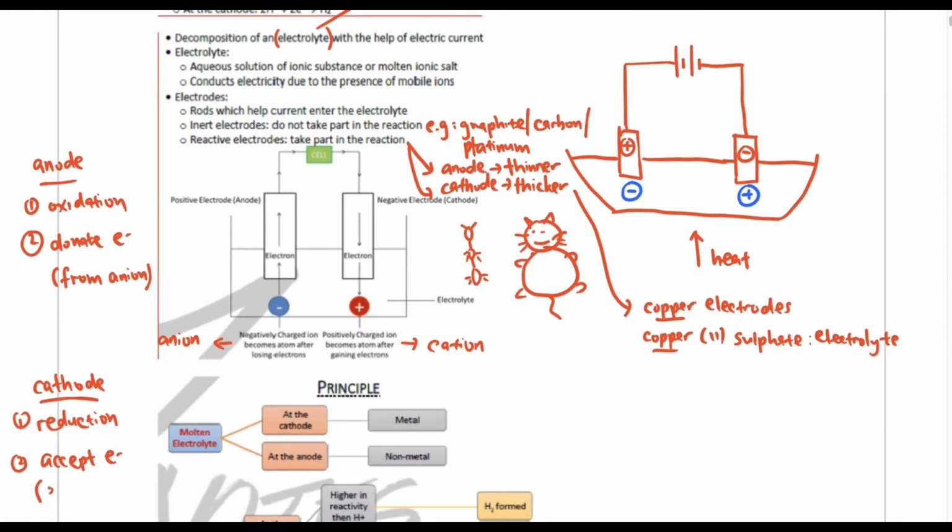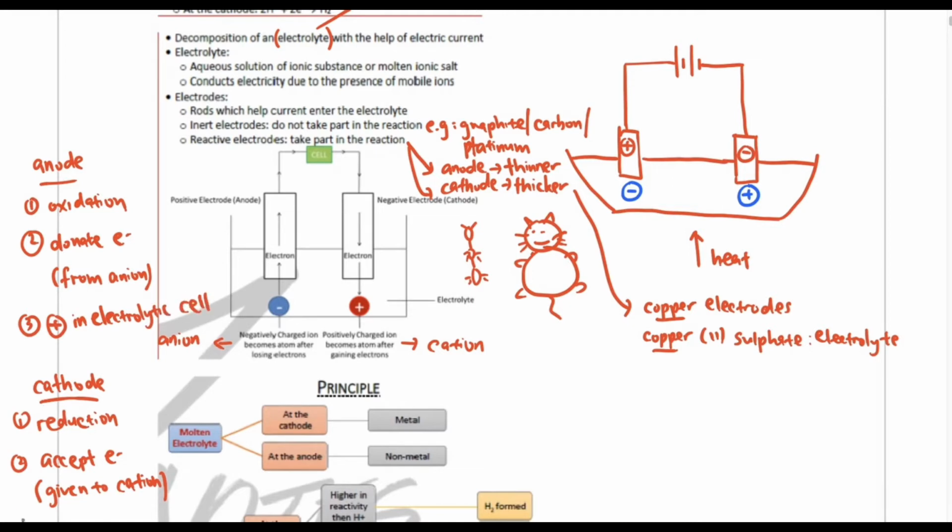Okay, given to cation. The electron is accepted, and then the electron is taken by the cations. Okay, so the third thing is we have to know that anode is positive in electrolytic cell.